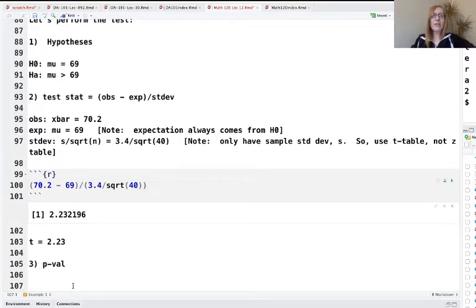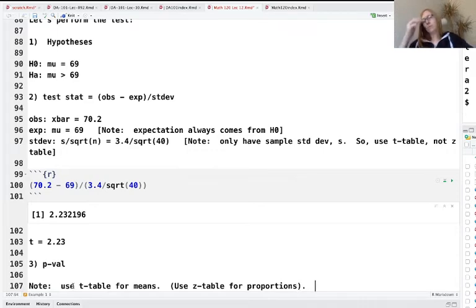And I'm going to put a note in here, again, kind of repeating myself. Note, use t-table for means. Use z-table for proportions. They're very similar, but the t-table accounts for the fact that we don't know what the population standard deviation is.